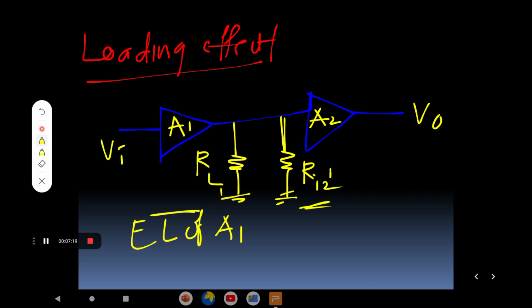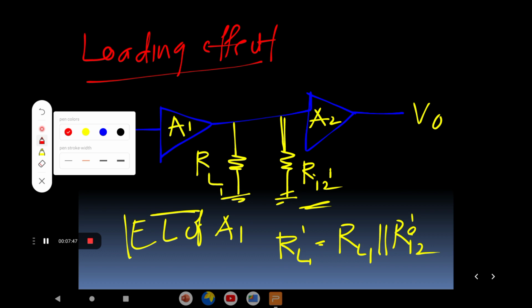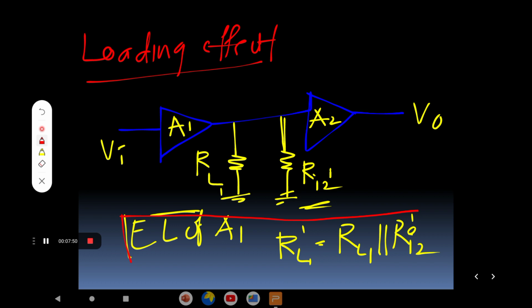Suppose RL dash, the effective load of the first amplifier, is equal to RL1 in parallel with RI2 dash. This is the effective load of A1, obtained by considering the effective input resistance of the A2 amplifier.